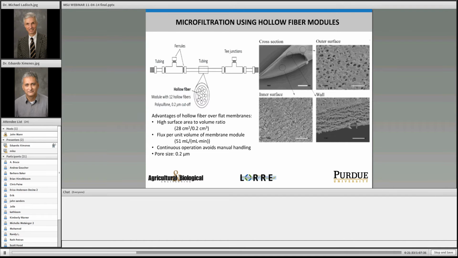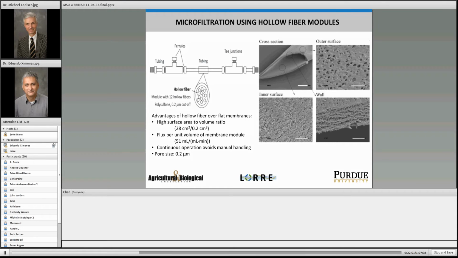Most of the results that I will show here use in-house made hollow fiber modules. The hollow fiber modules that we make in our lab can contain 12 hollow fibers, and they are polysulfone membranes with 0.2 micrometer pore size.